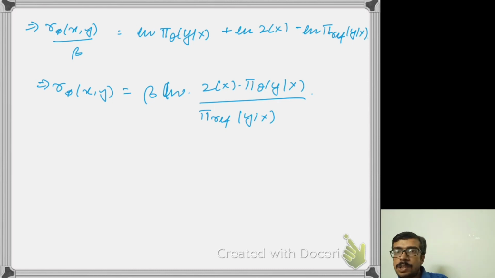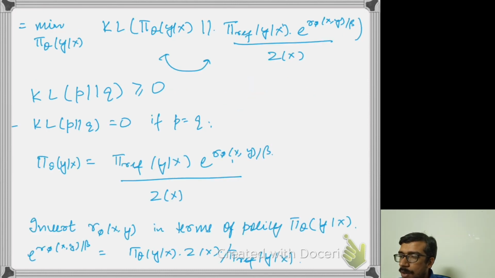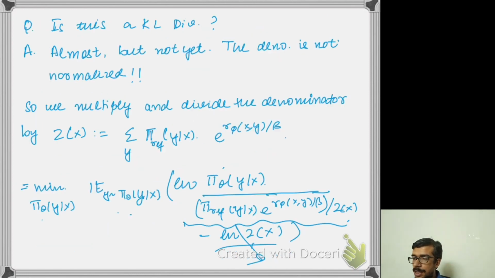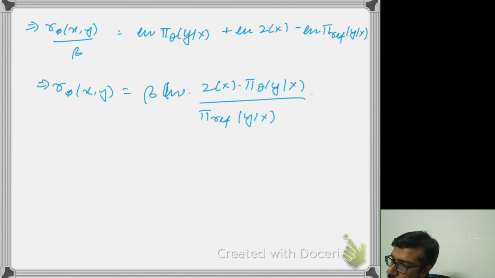Well, actually, I don't have a full closed form expression because there is a zx term as well, right? And because of this zx term, if you look at it, that essentially involves knowing r phi xy as well. So although I'm claiming that I'm writing r phi xy in terms of policy, it also involves the zx, which involves r phi xy, right?